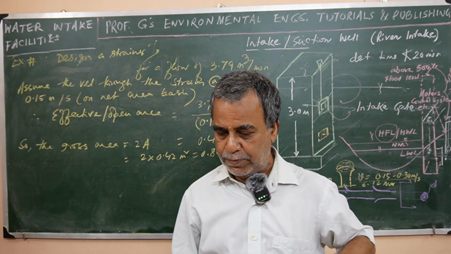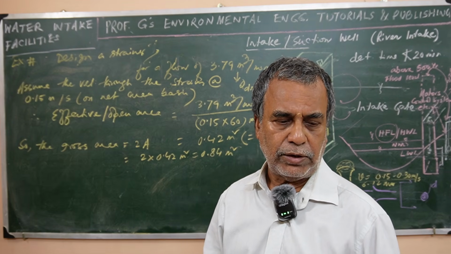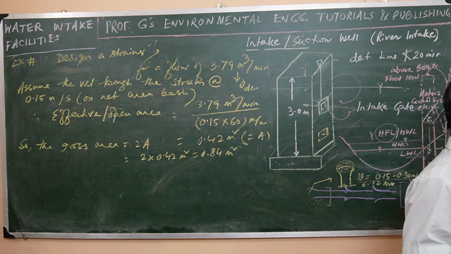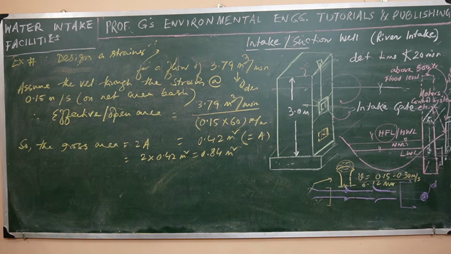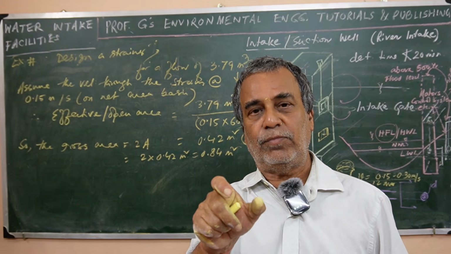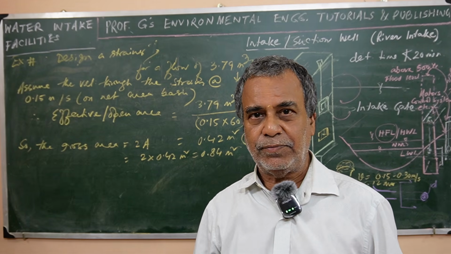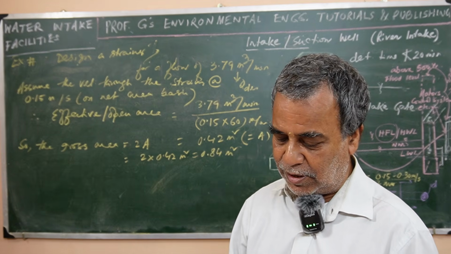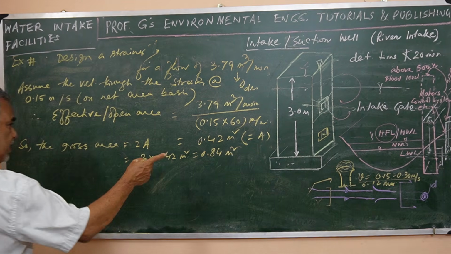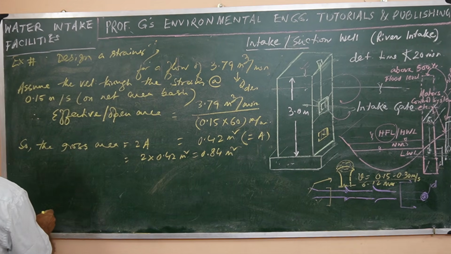So that is the dome type. The mushroom you must have seen, right? That is one kind of shape. So this is the bell mouth type.